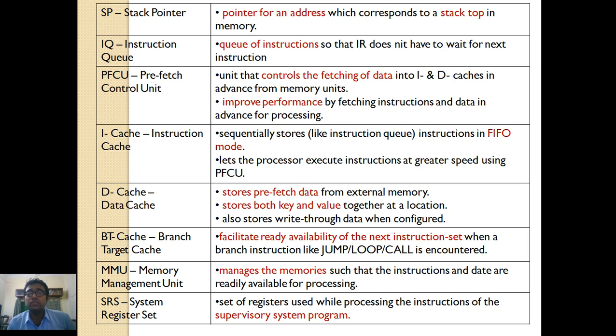Next is the instruction queue, so that the instruction register doesn't have to wait for the next instruction. A queue of instructions is also a sequential process, where each instruction is arranged according to the queue.